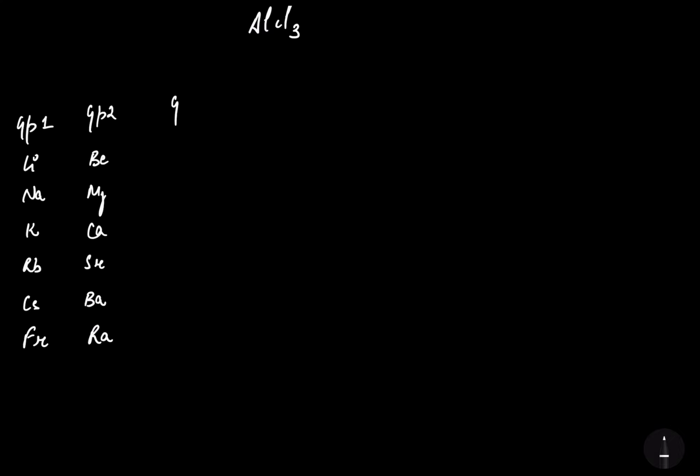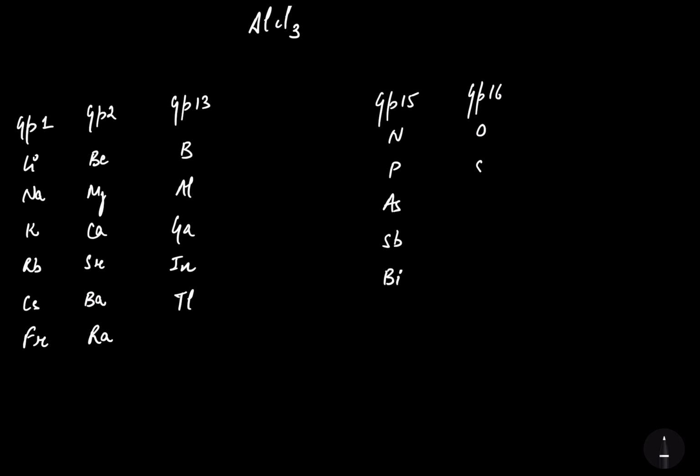Group number 13 is boron, aluminium, gallium, indium, thallium. On the other hand, group number 15 is nitrogen, phosphorus, arsenic, antimony, bismuth. Group number 16 is oxygen, sulfur, selenium, tellurium, polonium, and finally group number 17 is fluorine, chlorine, bromine, iodine and astatine.